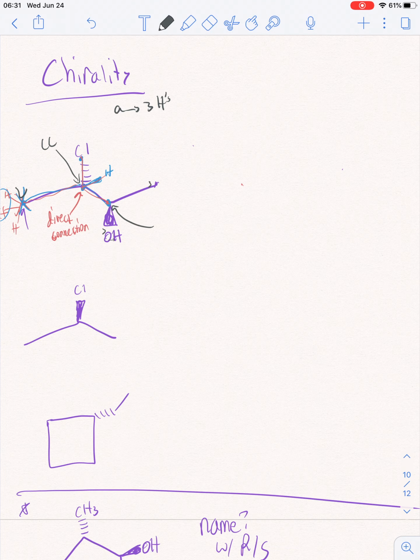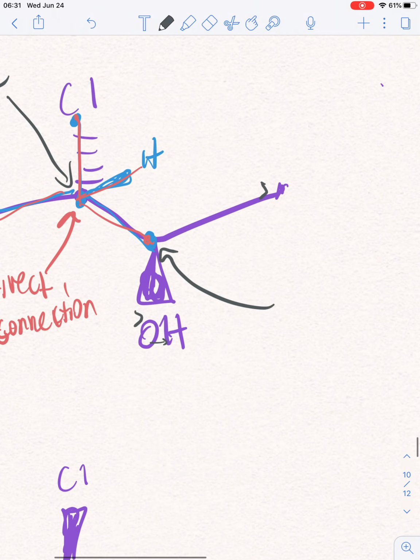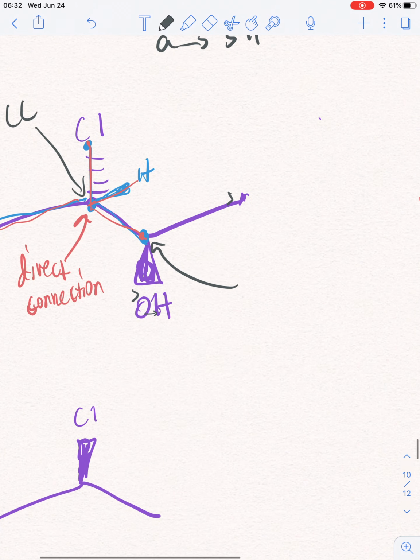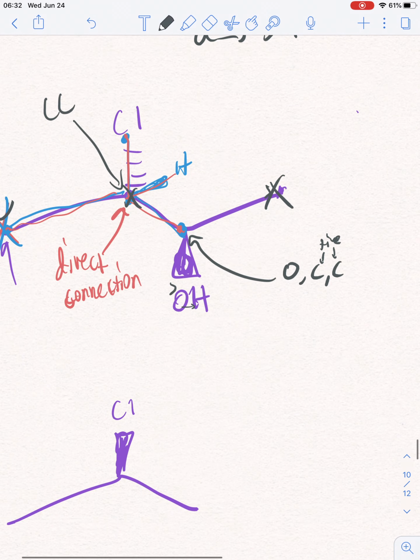This carbon is directly connected to an oxygen, a carbon, and another carbon. So there's a tie. So we have to move to these carbons. Let's go to carbons A and B again.